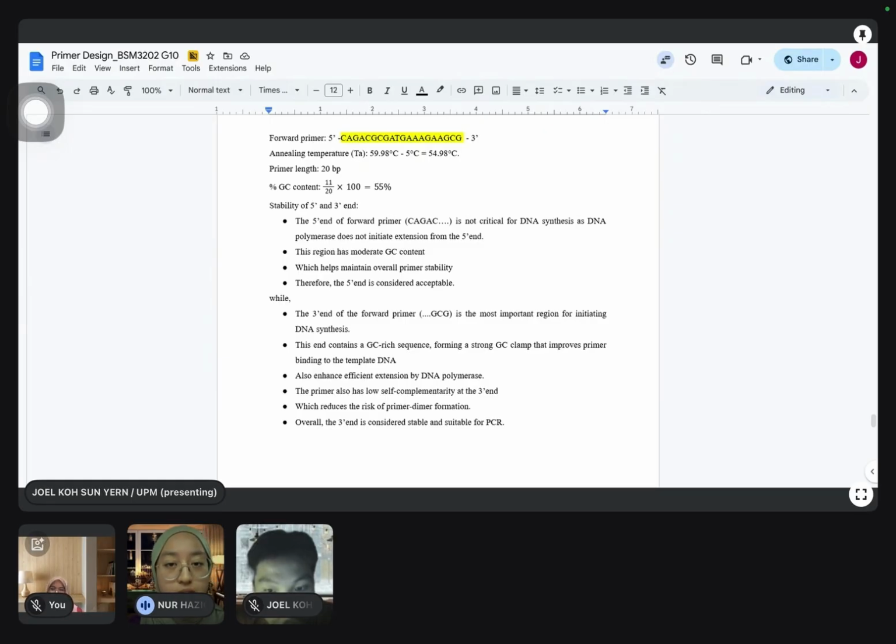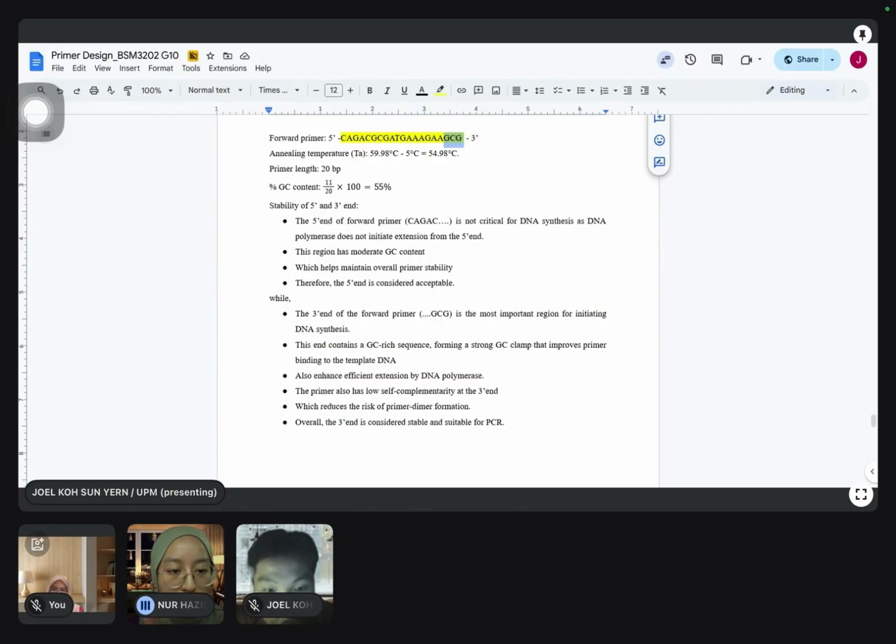DNA synthesis. At this end, it contains a GC rich sequence forming a GC clamp that improves primer binding to the template DNA, and it also enhances efficient extension by DNA polymerase.